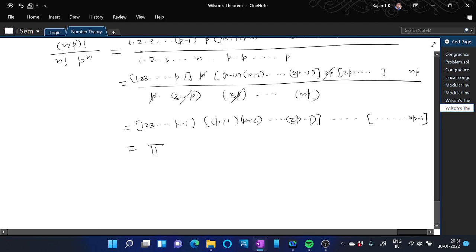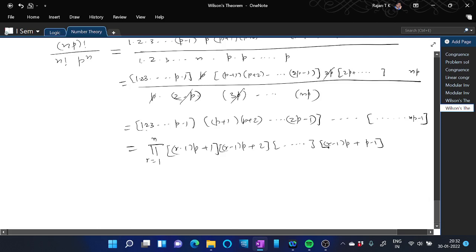We can write it like this: pi, r equal to 1 to n, (r minus 1)p plus 1, into (r minus 1)p plus 2, etc., (r minus 1)p plus p minus 1.